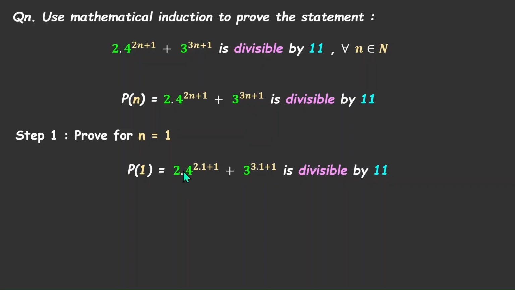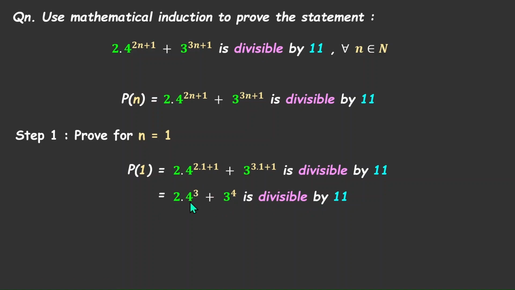So let's get these values. So this is 2 plus 1, so this would be 3, and this would be 3 plus 1, so this would be 4. So p of 1 can be written as 2 into 4 raised to power 3 plus 3 raised to power 4. We have to show this is divisible by 11.